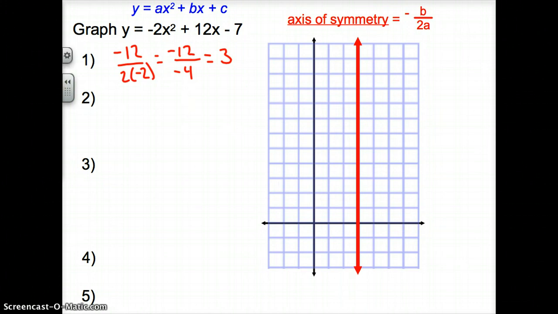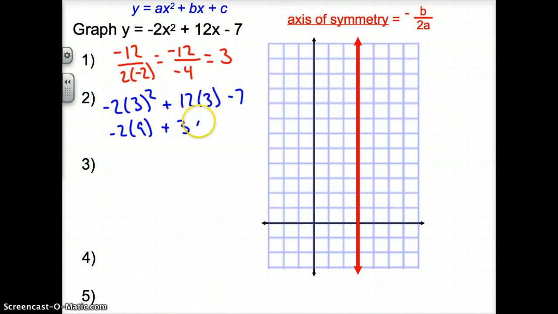Next thing I have to do is find my vertex. So I'm going to plug this 3 in for that x. So I'm going to go -2 times 3 squared plus 12 times 3 minus 7. I'm going to take it one more step. I'm going to take it -2 times 9 plus 36 minus 7. And that's going to give us a whopping 11.